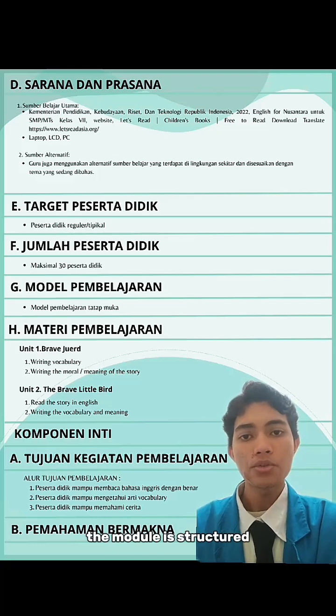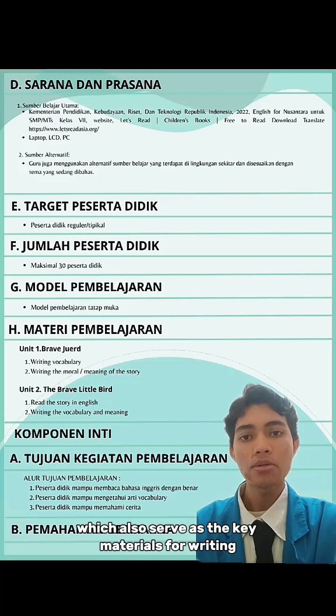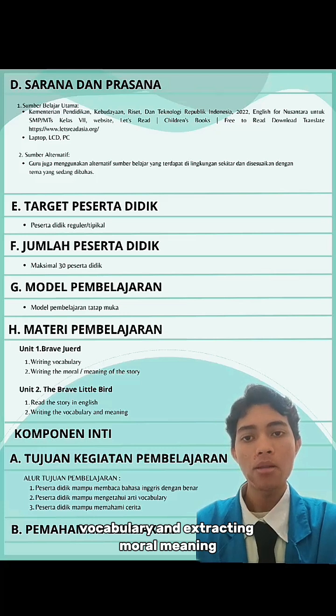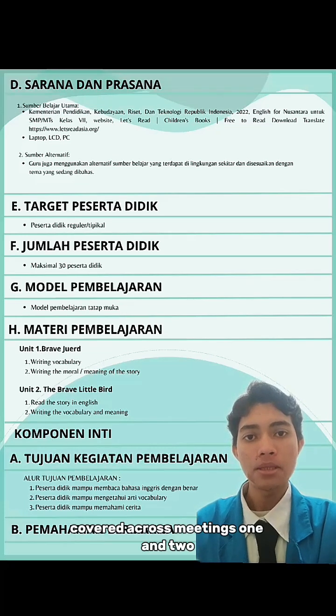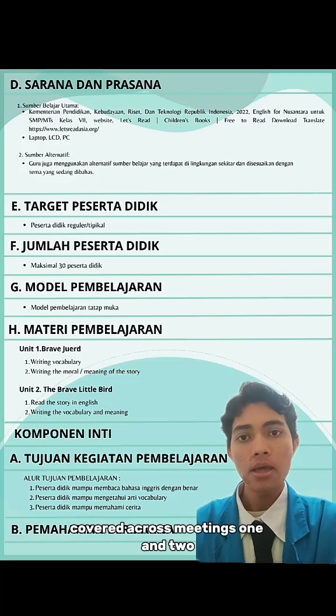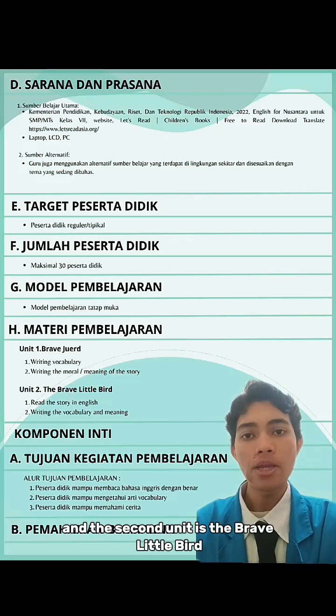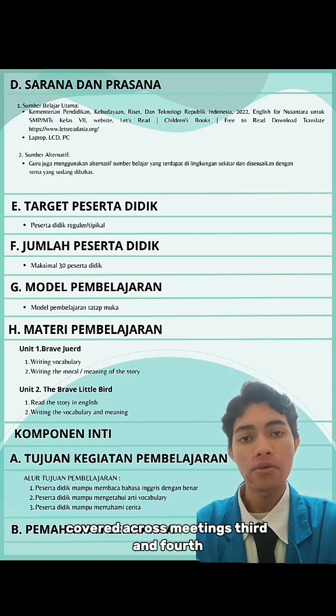The module is structured around 2 main narrative units, which also serve as the key materials for writing vocabulary and extracting moral meaning. The first unit is Brave Jeward, covered across meetings 1 and 2, and the second unit is The Brave Little Bird, covered across meetings 3 and 4.